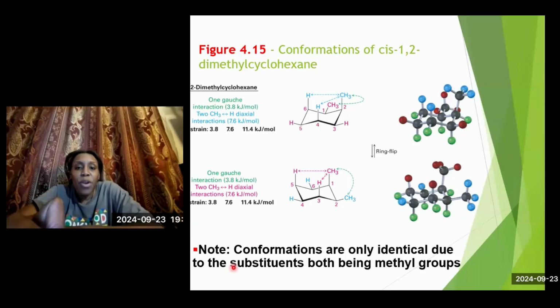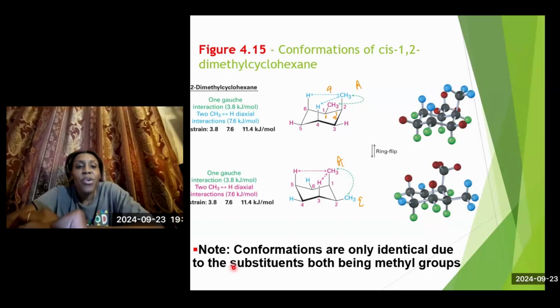My methyl groups are on the 1 and the 2, and so the CH3 on the 2 in this case is going to be axial, and the other one is equatorial. Well, when there's a ring flip, the one that was axial is now equatorial, and the one that was equatorial is now axial.